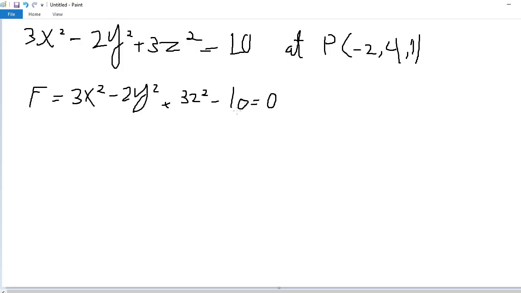Okay, so this is the first step. The second step, what you need to do is to take the partial derivatives for x, y, and z from the original equation that equals 0.